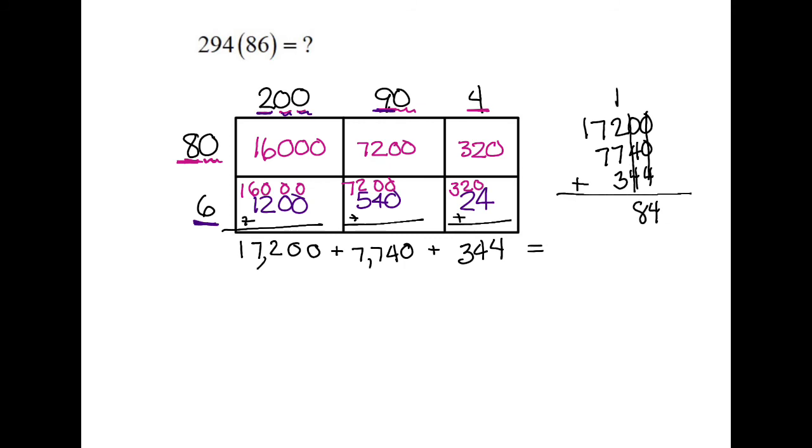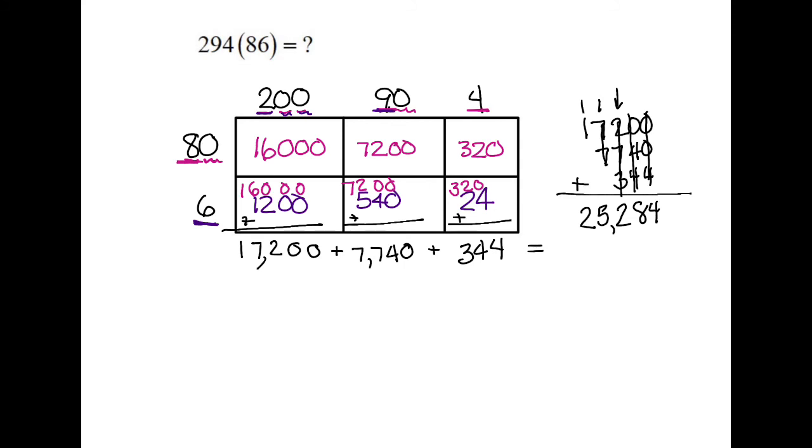And now this column here, I'm going to do 7 and 3 is 10, add 2 is 12, carry 1. 7 and 7 is 14, add the 1 is 15. So 25,284.